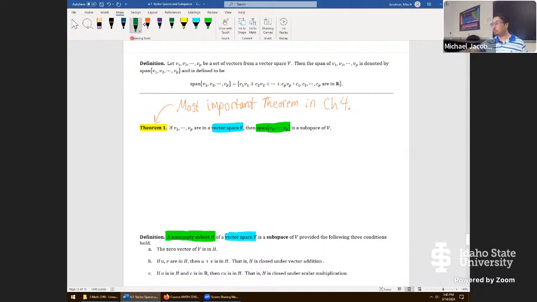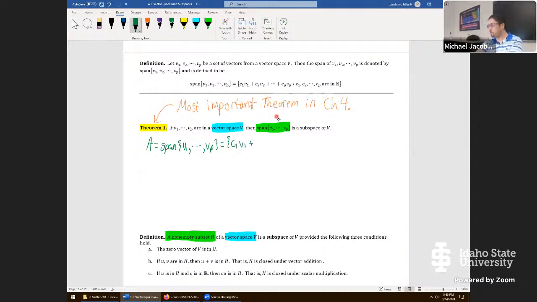If we're going to work with that directly, we need this definition right here. So let's take this and set H equals, on one hand, its span, V1 through VP. On the other hand, the actual set we're working on looks like this. We take a scalar C1 times V1.